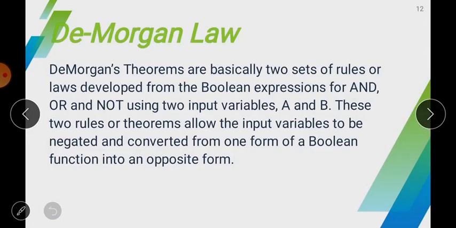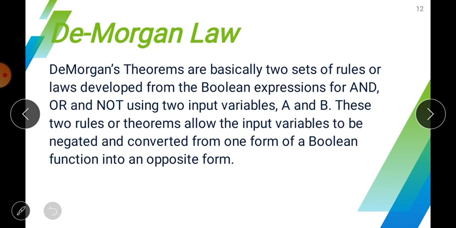So here the Boolean function verification is about to finish, and from here onwards I am starting a new topic, that is De Morgan's law or De Morgan's theorem. We can say De Morgan's rules also. So we all know that De Morgan's rules depend upon the 3 basic logics that are available, that is AND, OR and NOT.